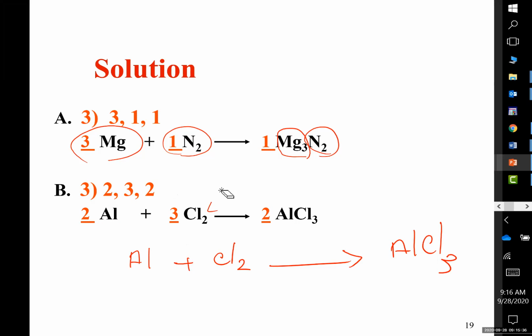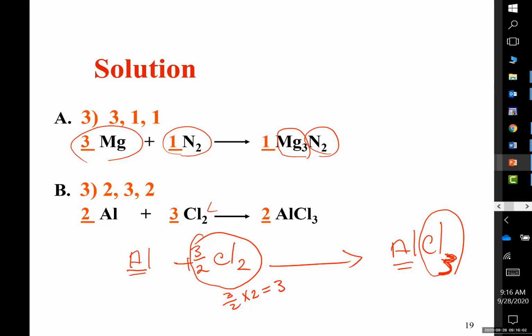I have 3 Cl here. I can write 3 divided by 2, so 3 divided by 2 times 2. What is 3 divided by 2 times 2? It gives me 3 Cl, right? And I have 1 Al on the right and 1 Al on the left. So this is already balanced.